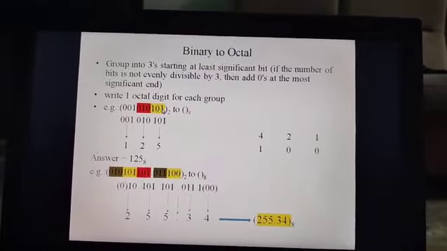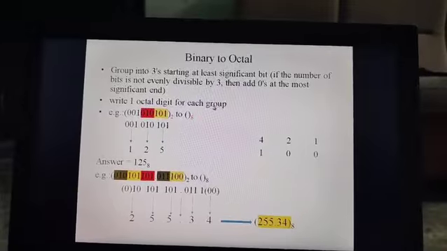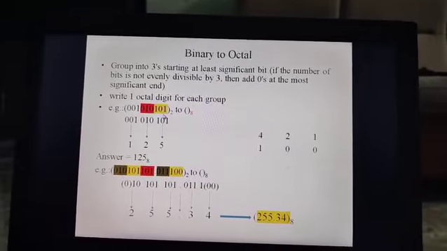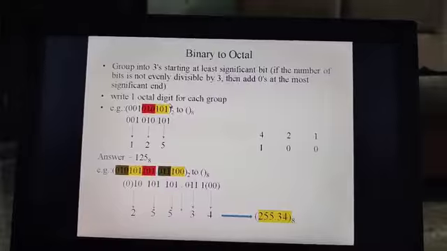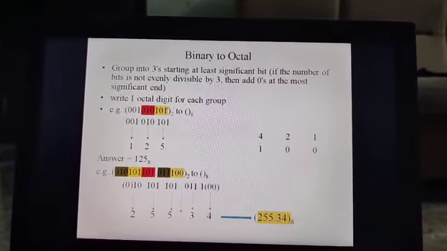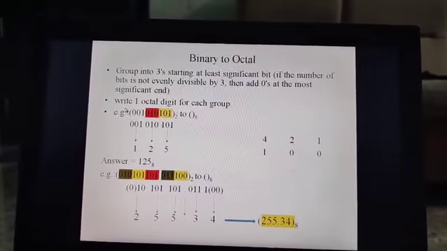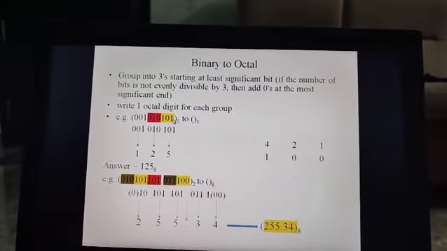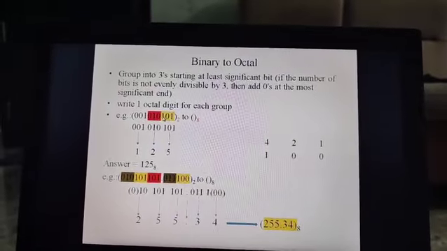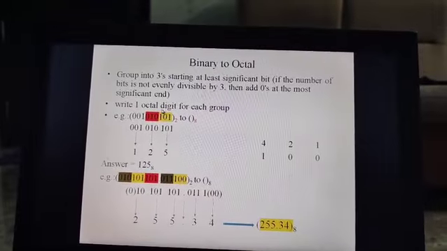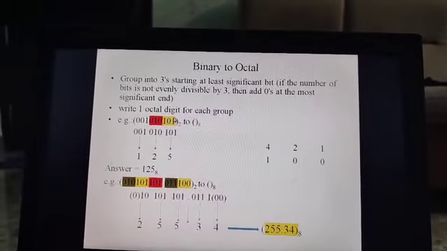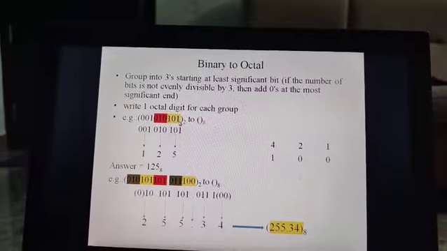How can we convert this binary number into octal? This is the question. We have to follow the direction from left to right. The first number is 101, highlighted in yellow color, our first digit.